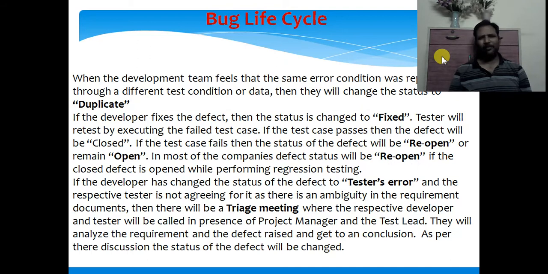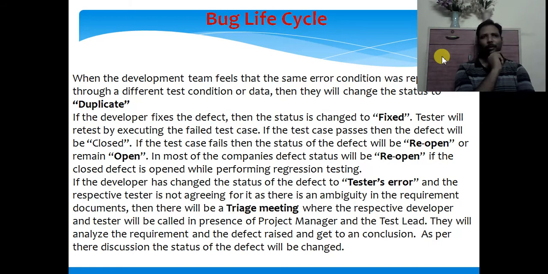Why does this type of thing happen? If the requirements are not clear, if the SRS or the other documents do not clearly mention the requirements, and while reviewing or studying the documents we have not raised any clarification on that particular point.